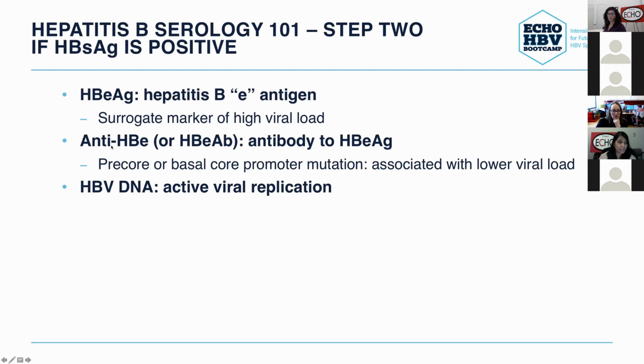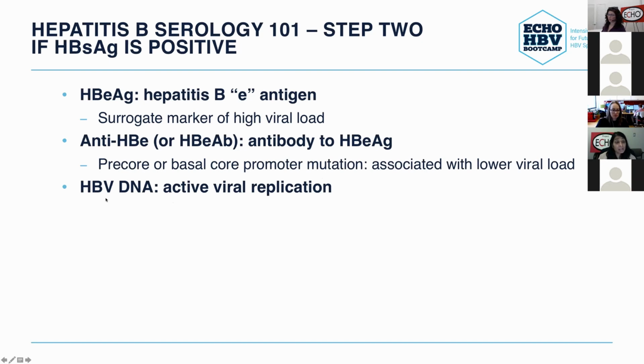So anti-HBe here stands for your antibody to E antigen. Similar to what happens with the surface antigen and then developing surface antibody as it clears, you have that same concept here where you initially start, for those who are infected, being E antigen positive, and then over time losing your E antigen and developing E antibody. And this is typically associated with lower viral load and can be associated with mutations.